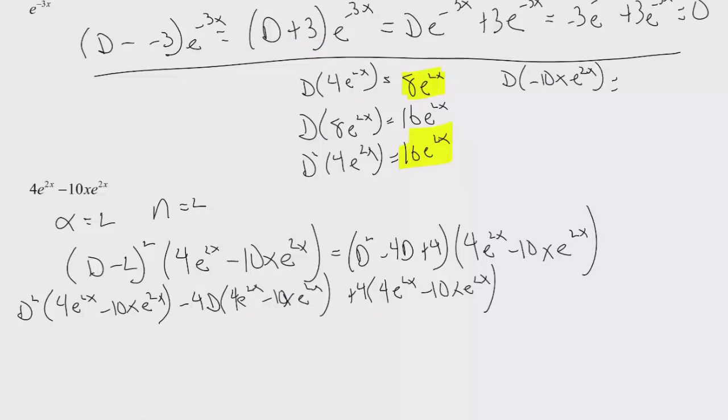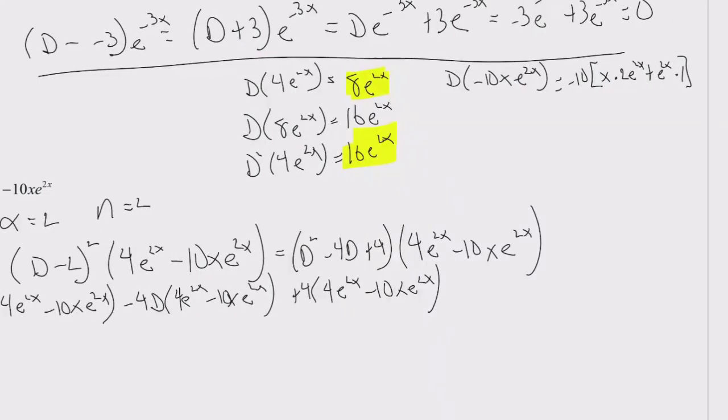That is a product rule: negative 10 times the first, times the derivative of the second, which is 2e to the 2x, plus e to the 2x times the derivative of the first.